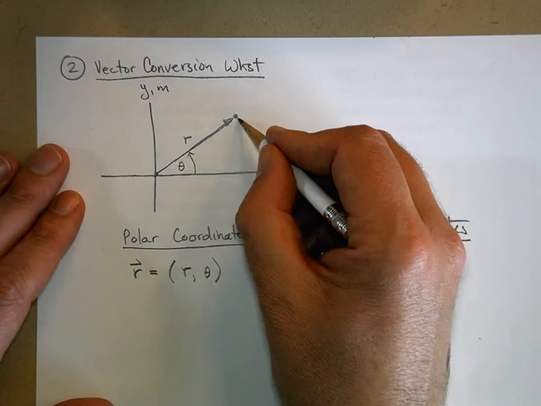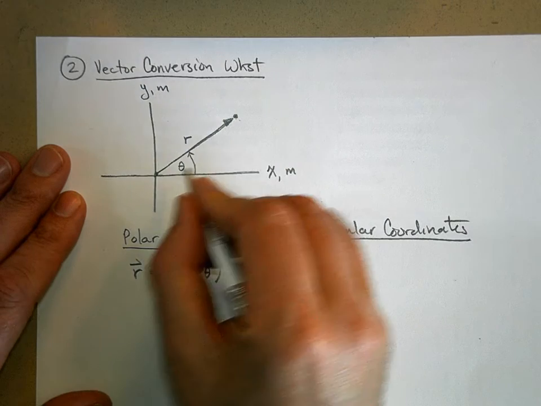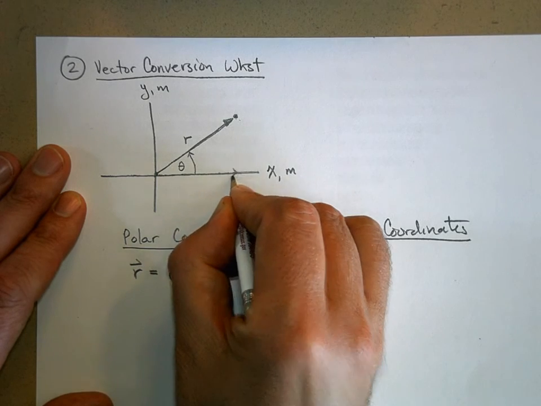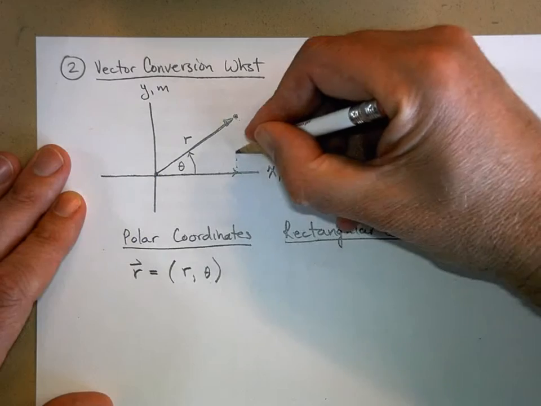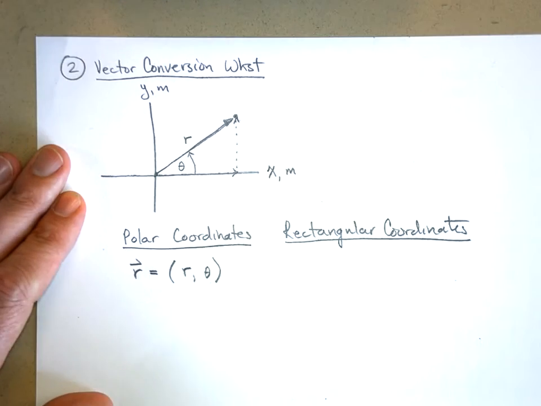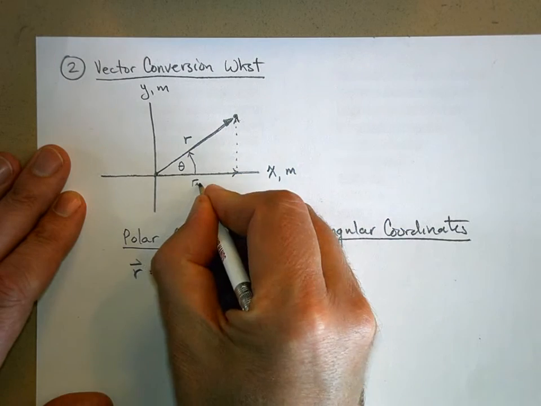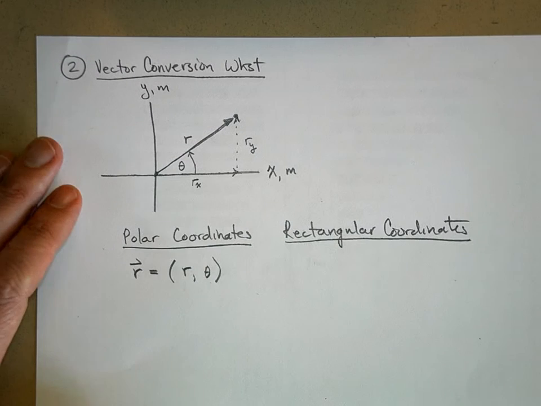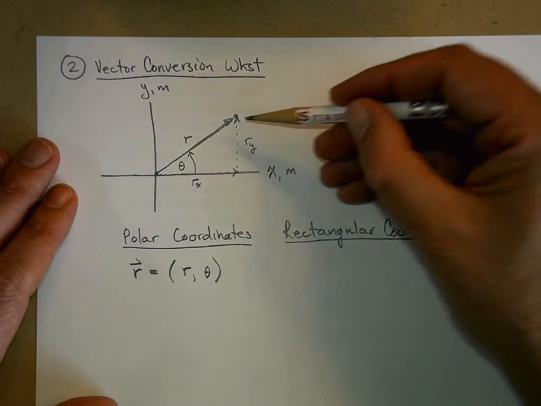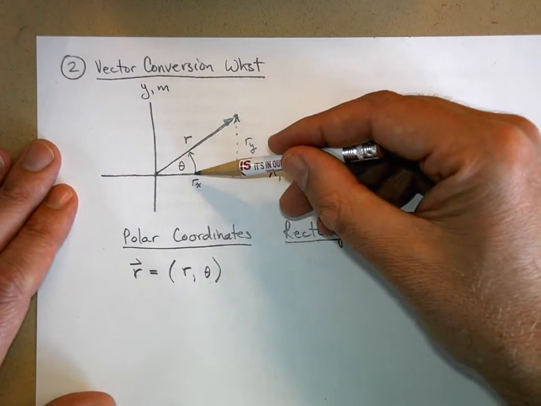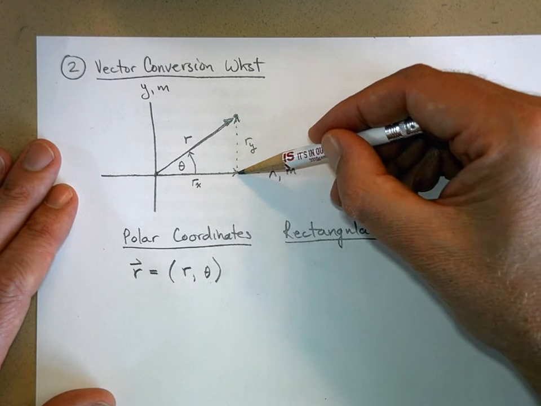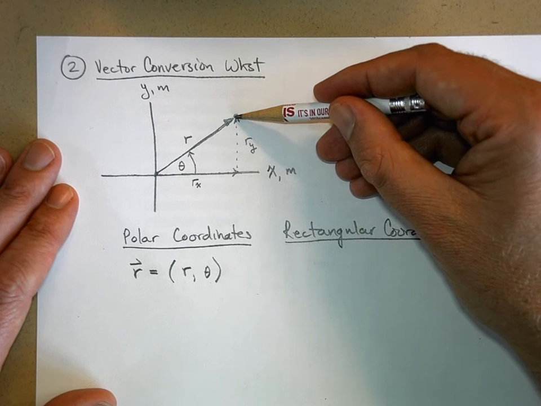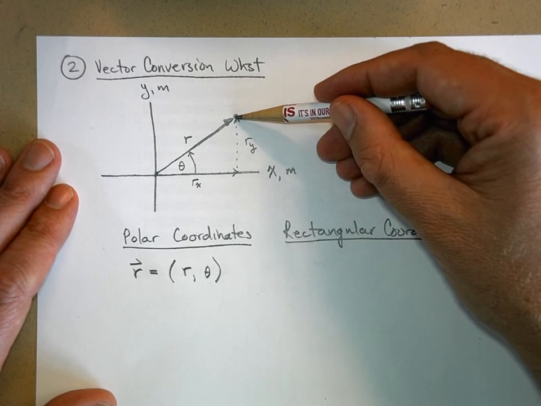Now, notice though that I can also tell you where is this object along the x-axis, and where is this object along the y-axis? So r sub x and r sub y. Now if you express the position of this object using how far along you are in the x direction and how far up or down you are in the y direction, these are rectangular coordinates.